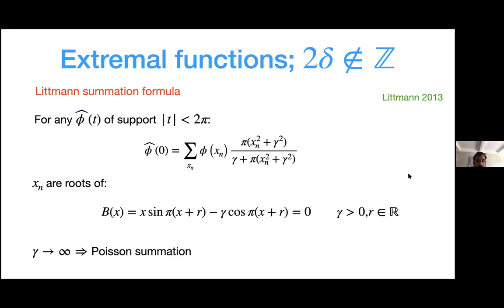You have no proof that this gives the optimal bound, right? You haven't shown saturation. No, well, for the bounds with band-limited functions, it is optimal.